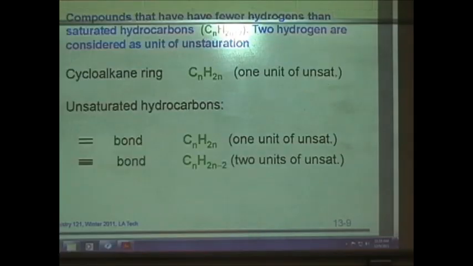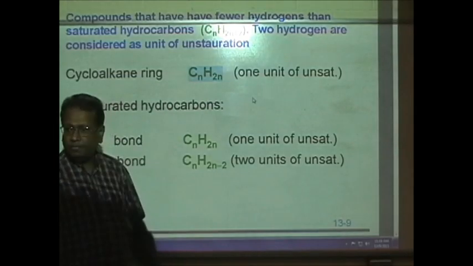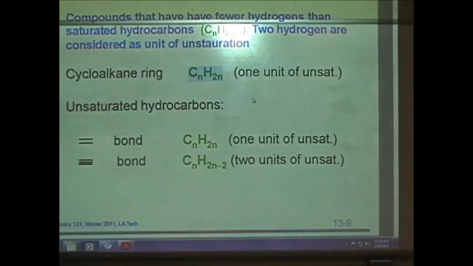So okay, this one is a cycloalkane ring, which also has alkene types. But if you say cycloalkane and you have this formula, then it is a ring. If you don't say it's alkene, then it has CnH2n. That means there's a double bond in the alkene, something like this.